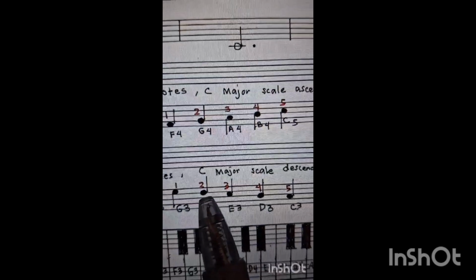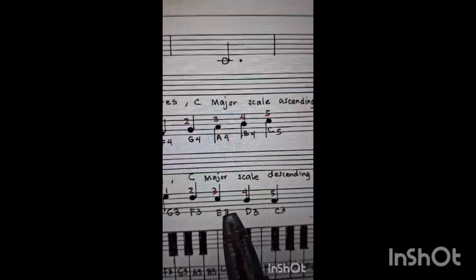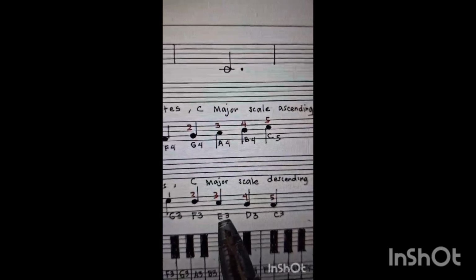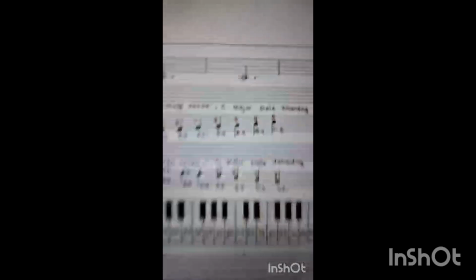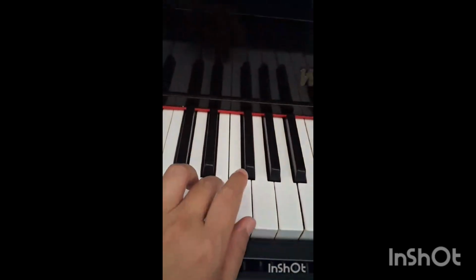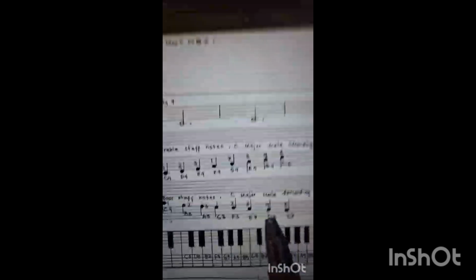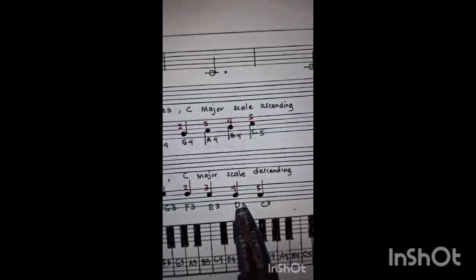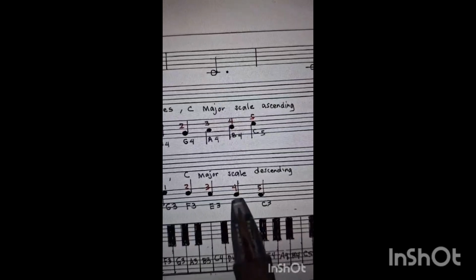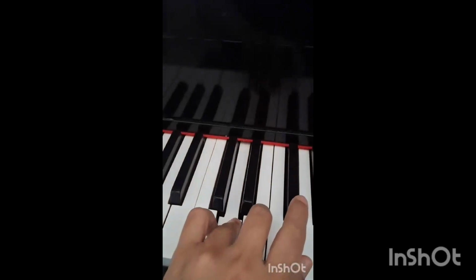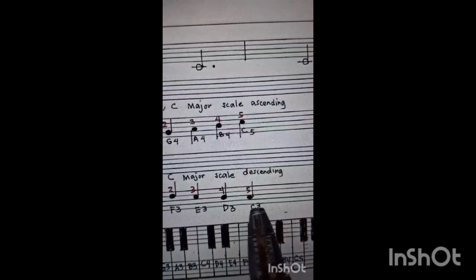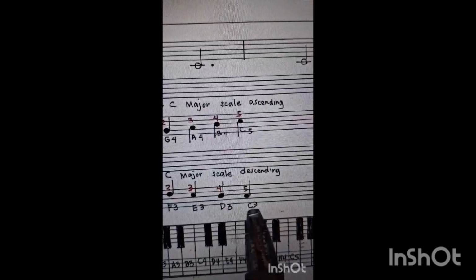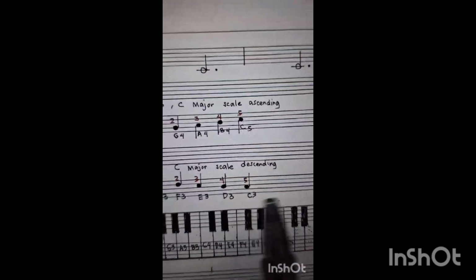And then after the line note, low F, we will go to a space note, which is low E, played by the left hand 3rd finger, like this. Okay. And then the next one is a line note, which is low D, played by the number 4 finger like this. And then finally, we have low C or C3, played by the 5th finger of the left hand like this.